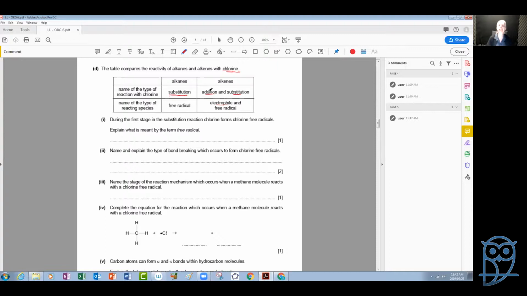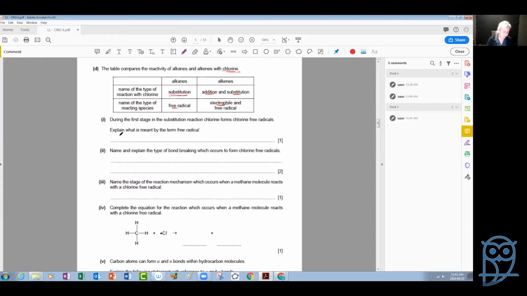Remember electrophilic addition of alkenes, if you remember the mechanism of the reaction that we've done. So electrophiles are one type of reacting species. And for the substitution, it's also free radical. We can see that alkenes can also react through free radical substitution like the alkanes, although we have not met examples of that. Nevertheless, they give us this table, so we take it for granted.